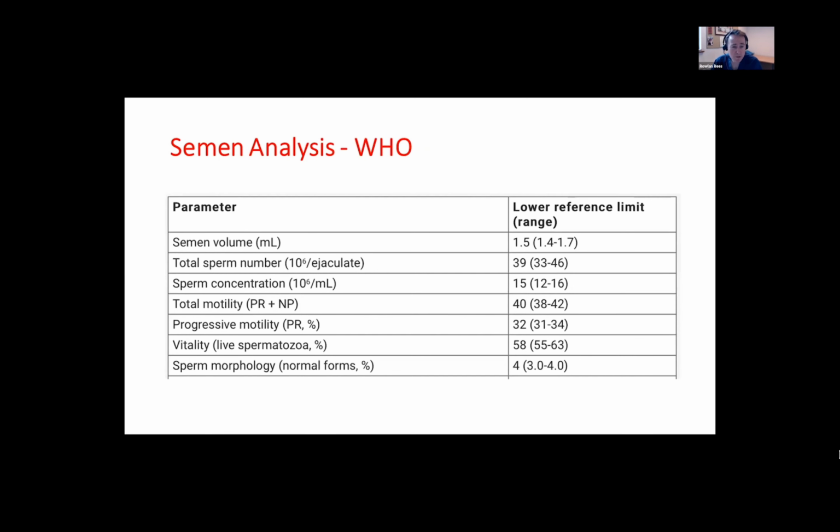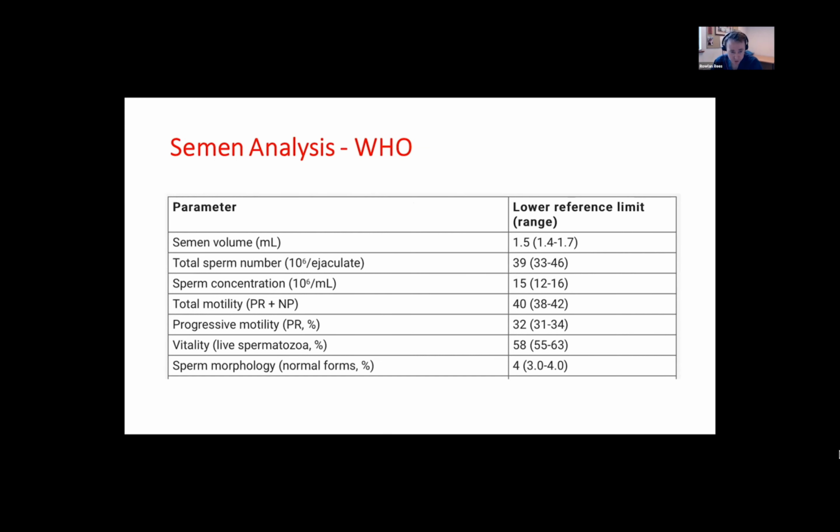Now, the World Health Organization has published several updates on the reference ranges. The current reference range specifies that we need a 1.5 mL semen volume. We need a concentration of 15 million per mL. And progressive motility needs to be 32% of sperm or more.